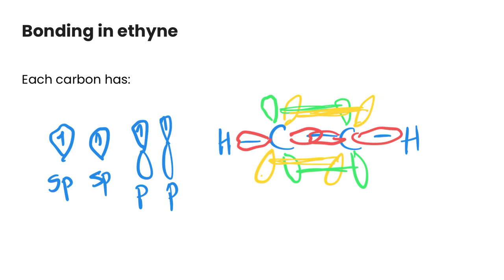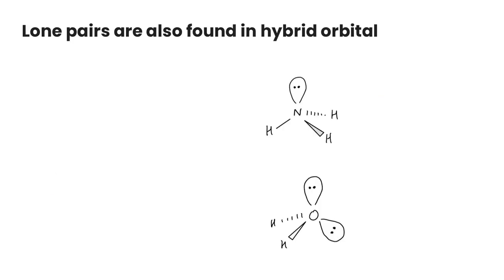to create our different molecular geometries. So I think one other point we really need to emphasize here is that lone pairs are also found in hybrid orbitals. So if you have, say, ammonia, we have a lone pair of electrons here, and they would also be found in a hybrid orbital. So in ammonia in particular, we have sp3 hybrid orbitals. 3 of them are forming sigma bonds, and then this last one here has the lone pair of electrons occupying it.